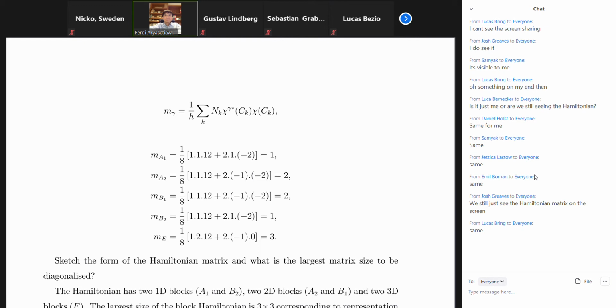So you have to figure out what are the irreducible components of the function x. So you have to use the projection operator to figure out the components. Okay, I think I understand. You understand, yeah.